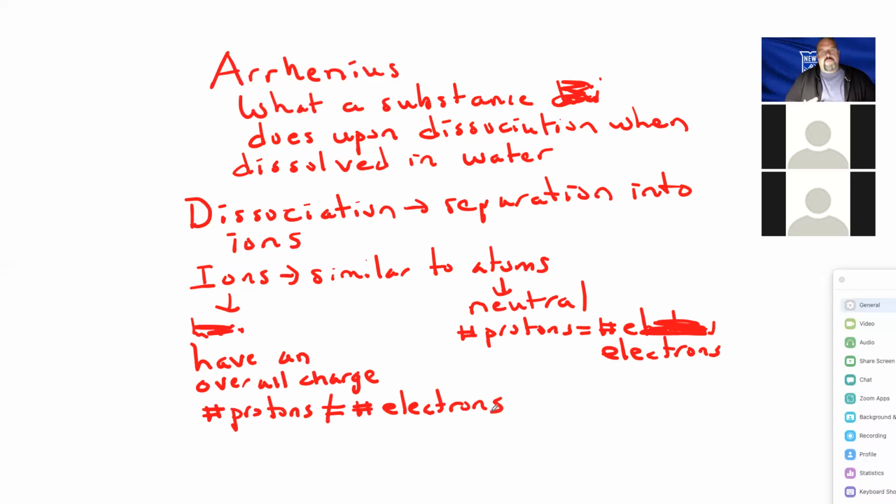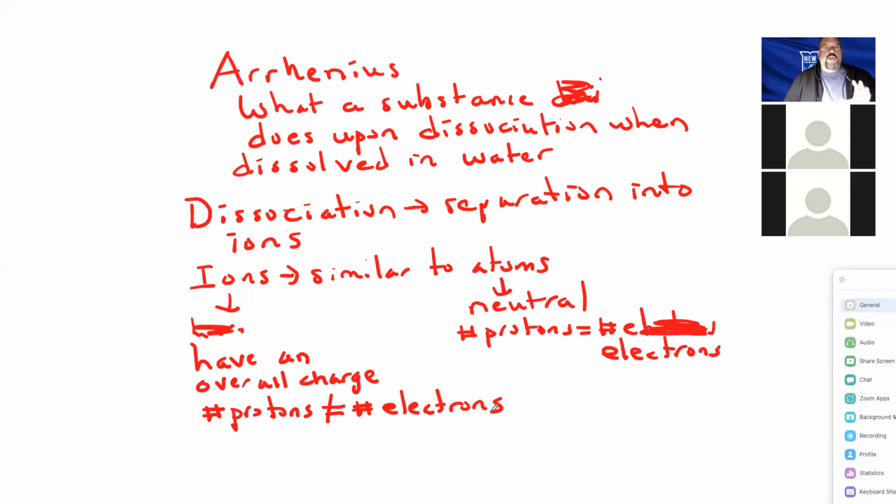Which one you have more of will determine whether the ion has a plus charge or a negative charge. If you have more protons than electrons, the ion is going to have a positive charge. If you have more electrons than protons, the ion is going to have a negative charge. And the common charges that you come across for ions are +1, +2, +3, -1, -2, -3, and such like that.